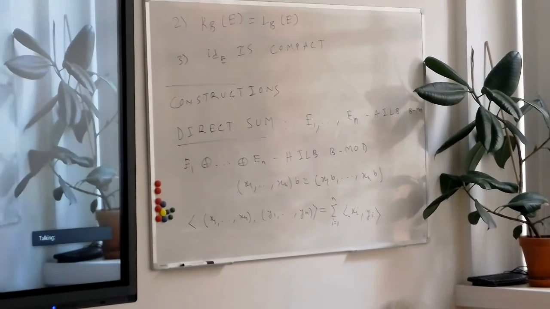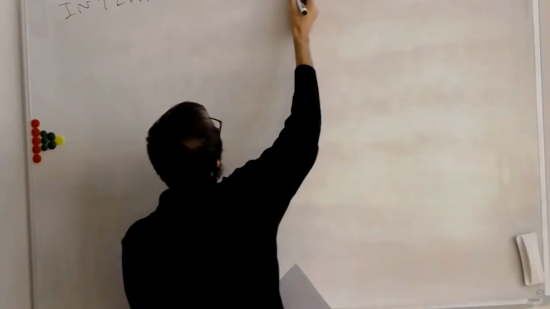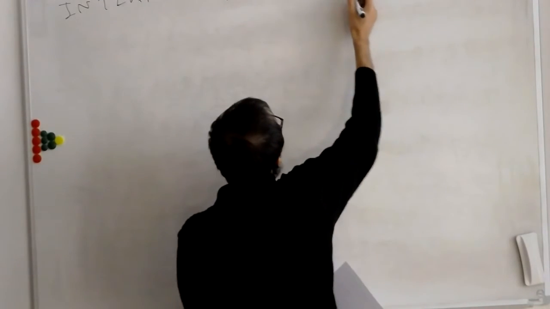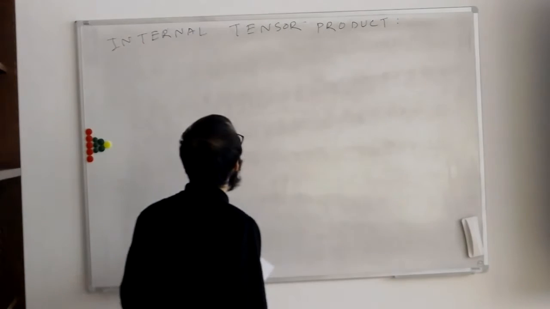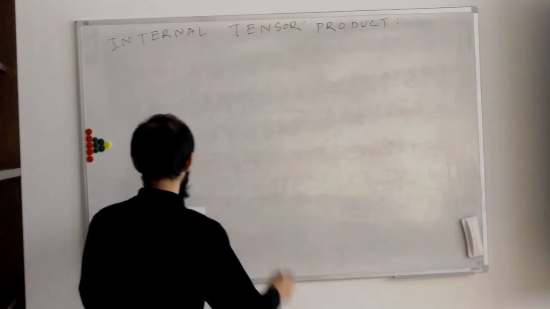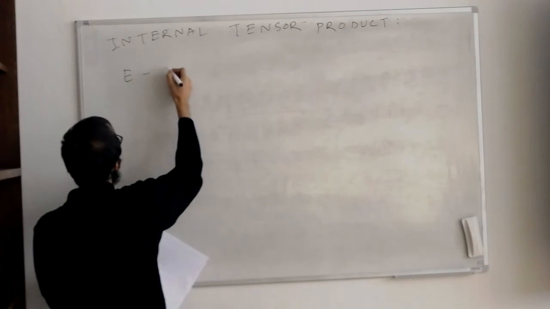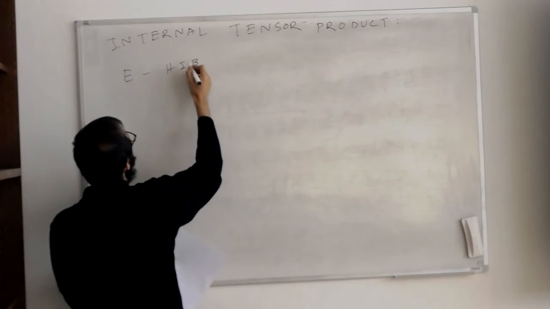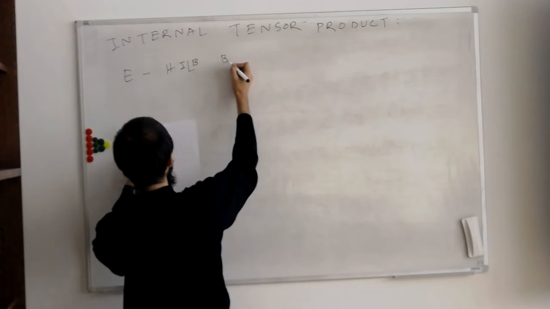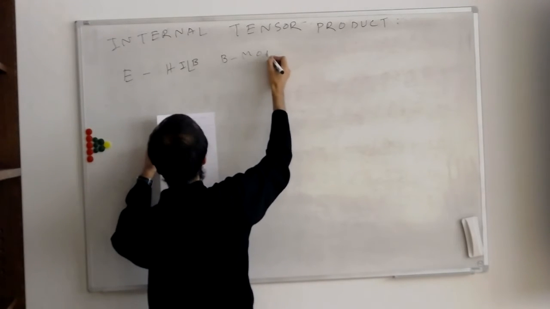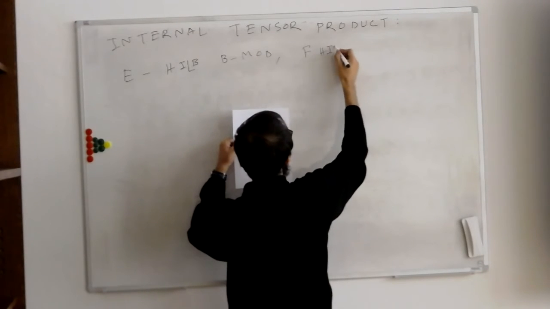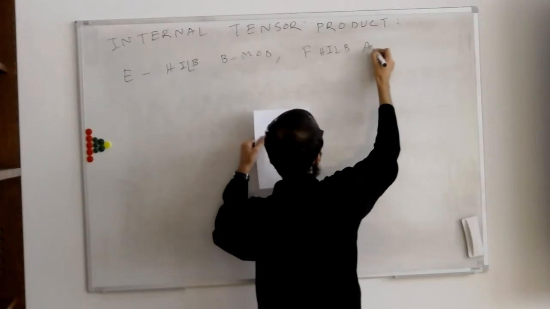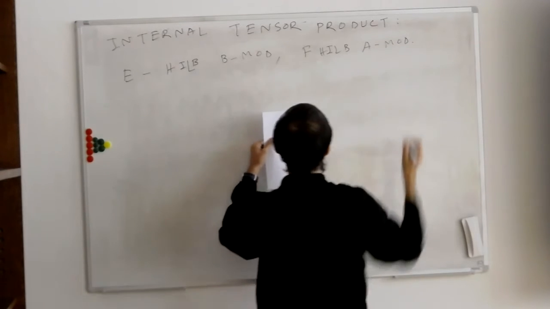Internal tensor product. Let E be a Hilbert B module and F a Hilbert A module.